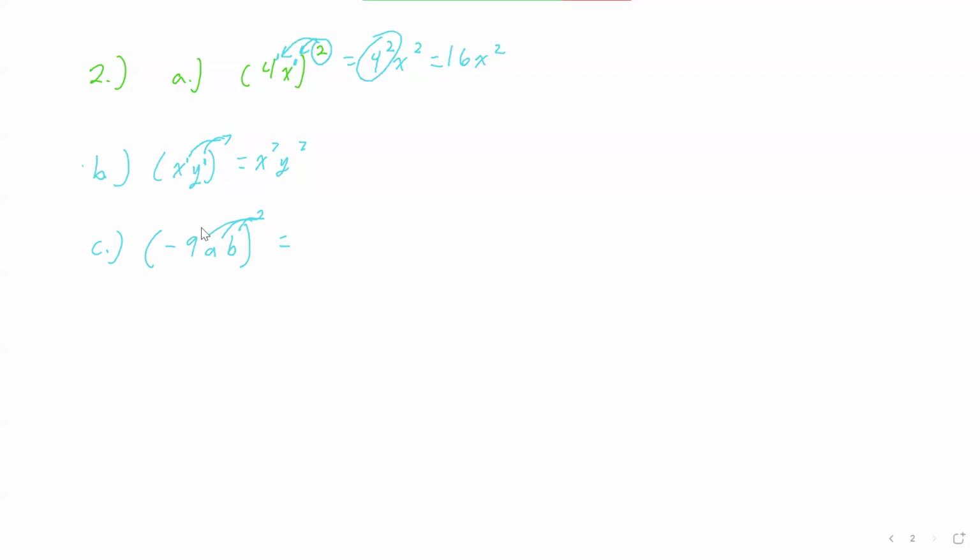Caution, you said -9. Is that still in parentheses when you apply the square? I only say that because on your calculator, if you don't put it in parentheses, the answer is still going to come out negative, and it needs to be a positive answer. The rest of it's fine. I can say a squared, b squared.